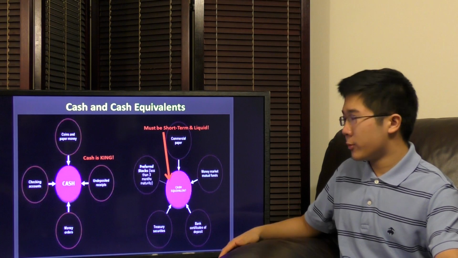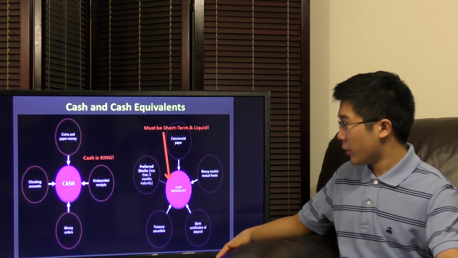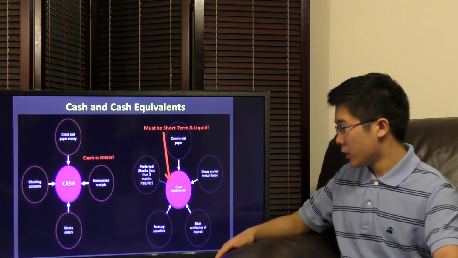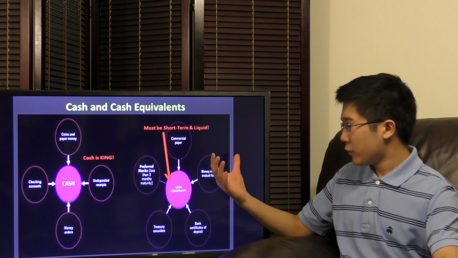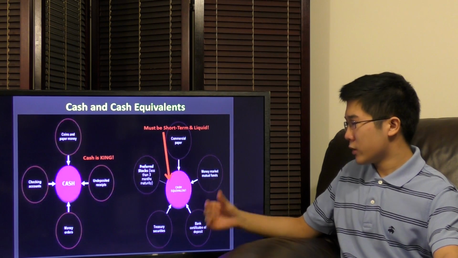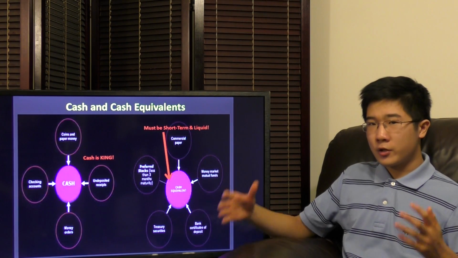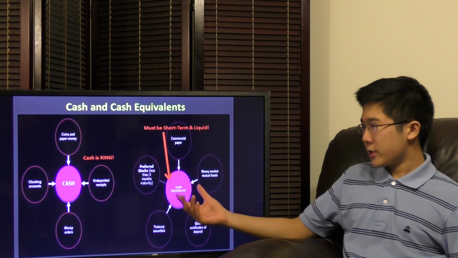And cash equivalents are basically short-term and liquid components such as commercial paper, preferred stocks with less than 3 months maturity, treasury securities, and money market mutual funds, which we'll definitely discuss more in the future. Because of their liquidity and short-term contracts, they are counted as cash equivalents.